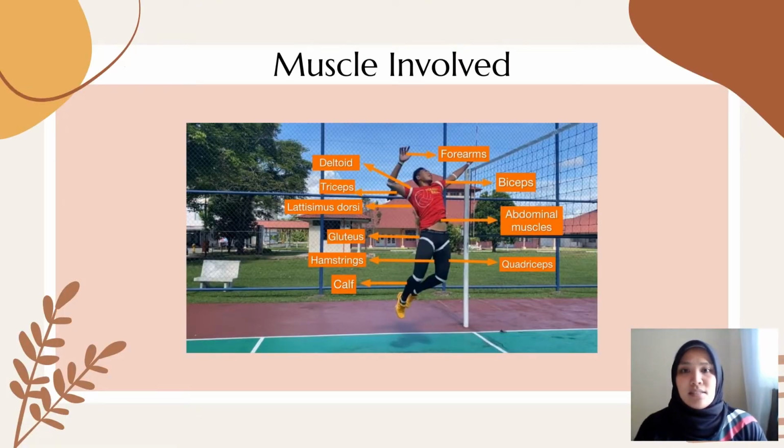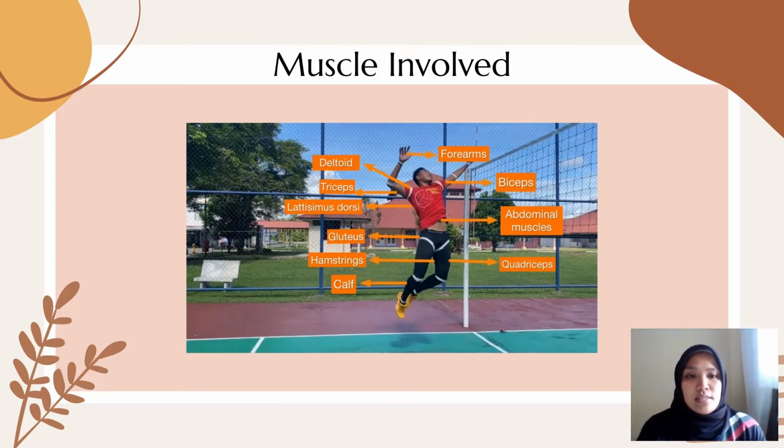Okay, the muscles involved in the spike skill. This is all the primary muscles. The first one is quadricep, abdominal muscle, bicep, forearms, deltoid, tricep, latissimus dorsi, gluteus, hamstring, and calf.